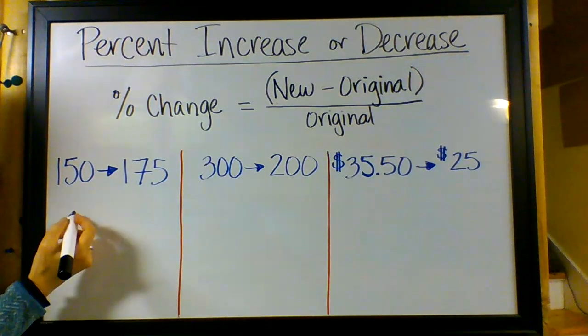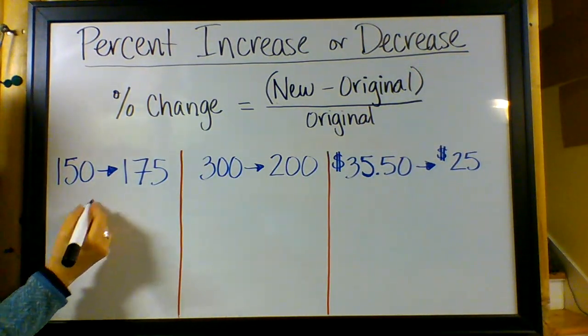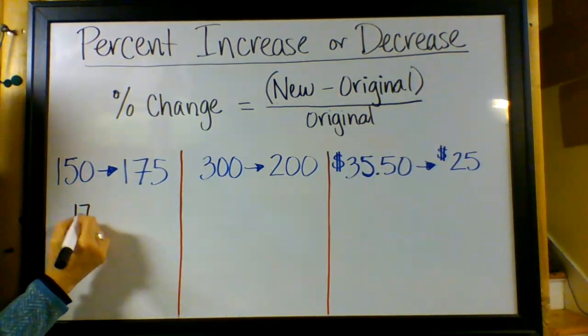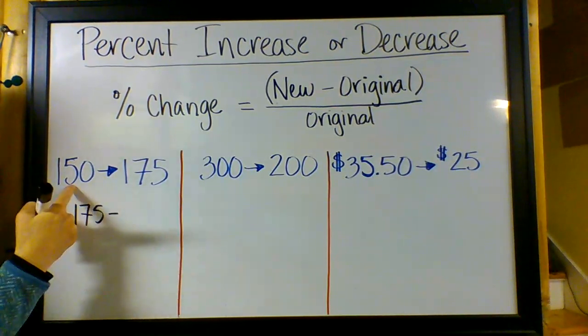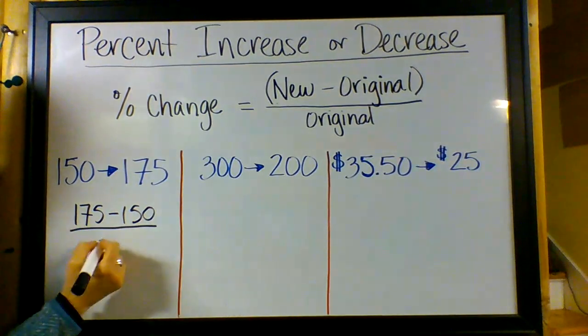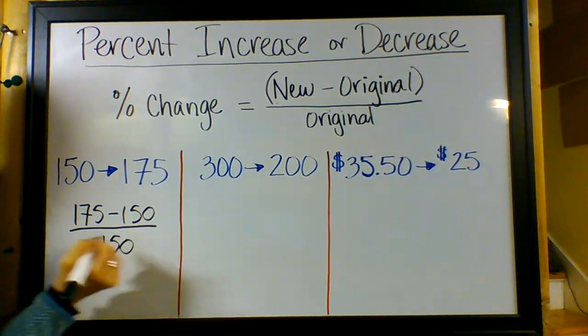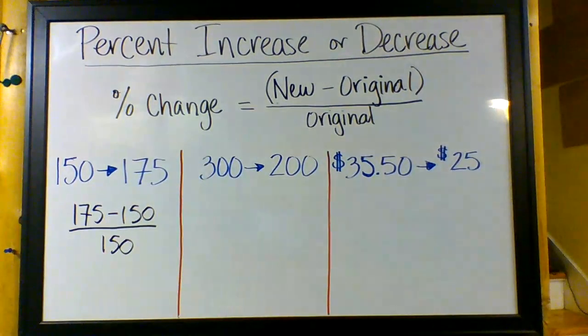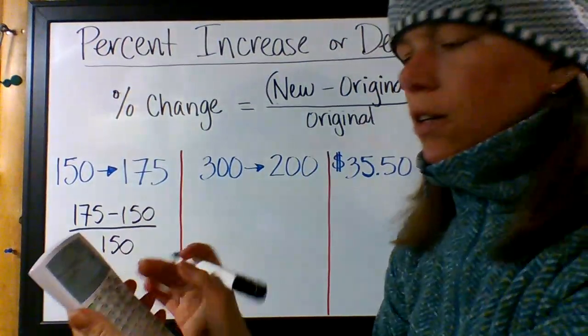But let's try this with our formula. So the new number minus the original number all over the original number. Oh, let me grab my trusty calculator. Ta-da! So I got Mrs. McGlashan's trusty calculator. Let's do this.